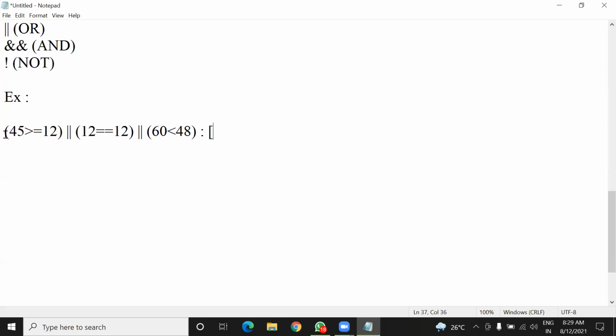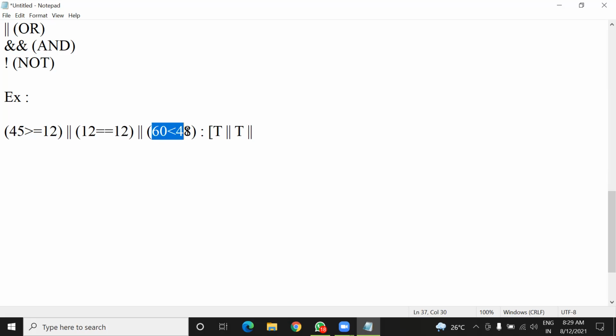So what do you say about this first condition? It is true. So here I am going to write true, and after that OR, because the OR operator is here. Now tell me about this second expression. It is again true. So it is also combined with OR.